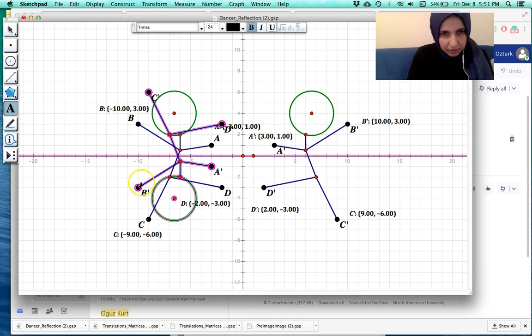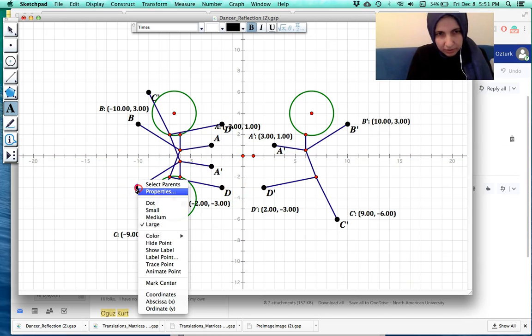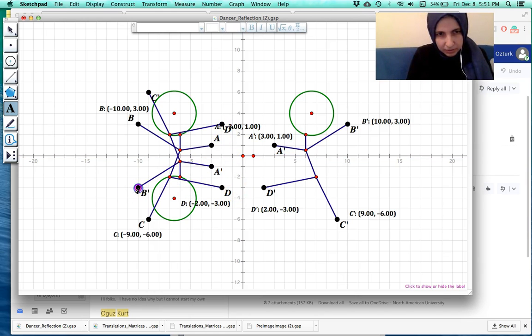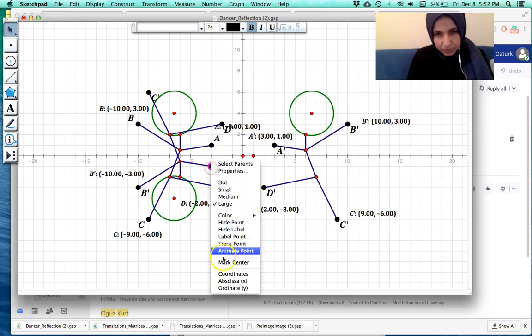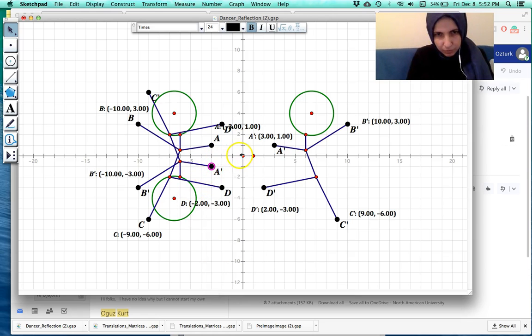Let's predict the B can be minus 10 to minus 3, and then let's find the coordinates, minus 10 to minus 3. Yes, that's right. And A', first of all, minus 3 to minus 1.